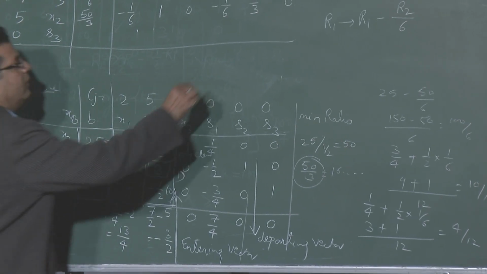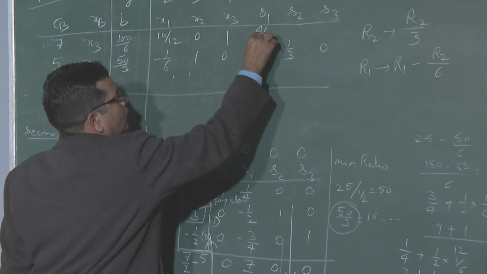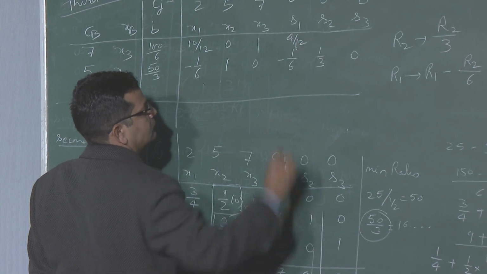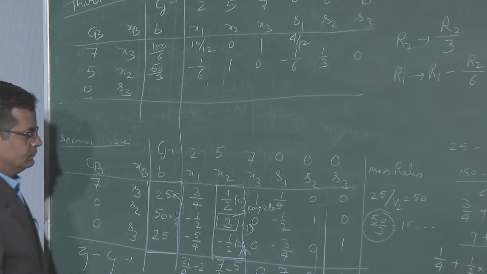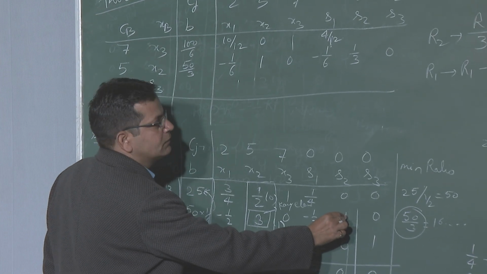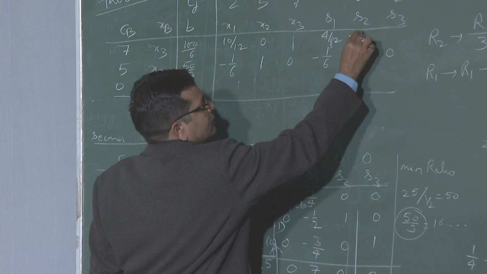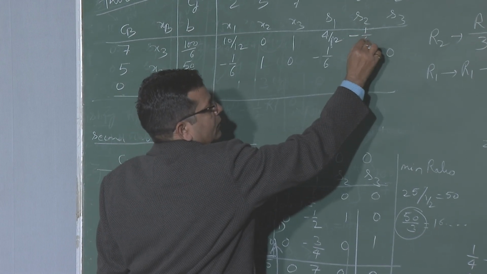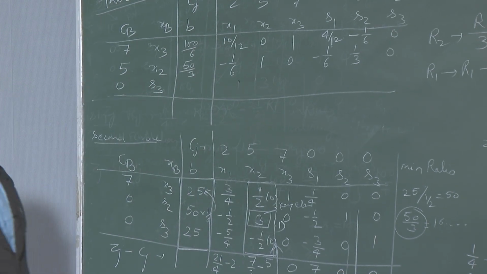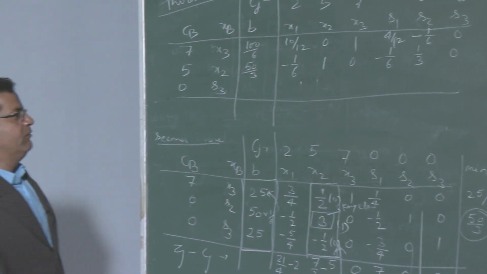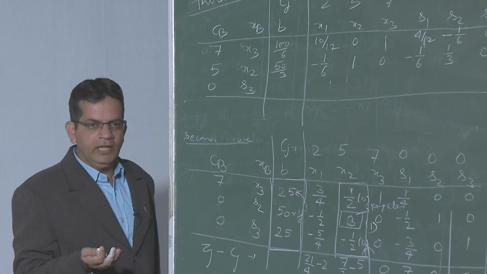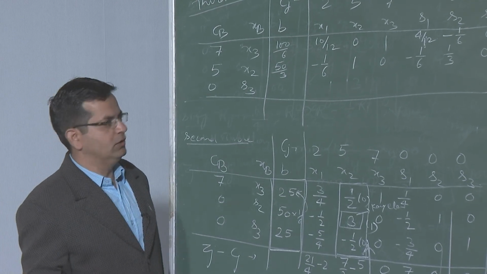So, here we have the value 4 by 12. When we multiply this 1 by 1 by 6, then subtract, we have minus 1 by 6, and 0 remains the same. In the first row, we will have these values. We can convert this value into simple form, like 4 by 12, we can write 1 by 3 also.